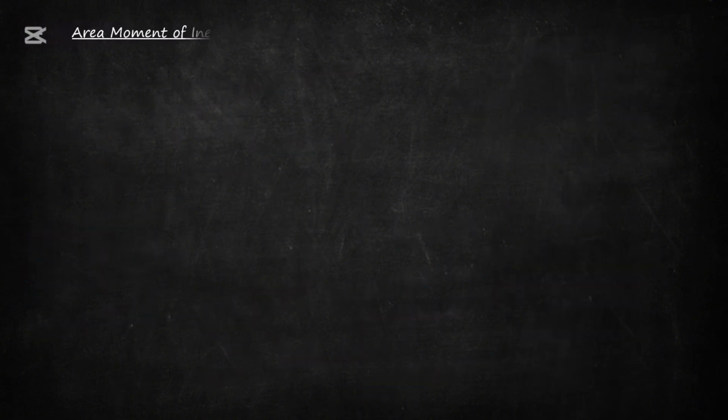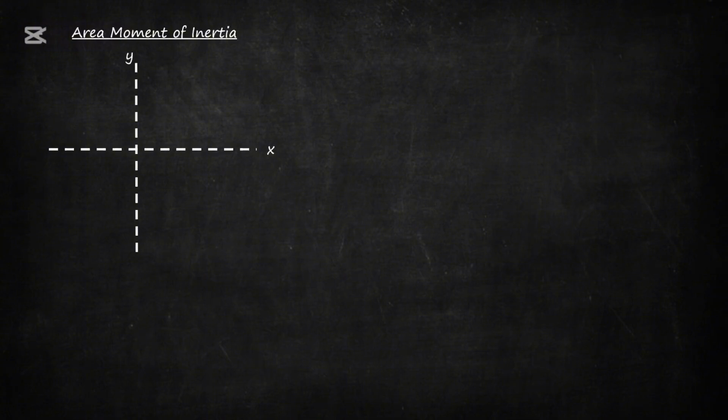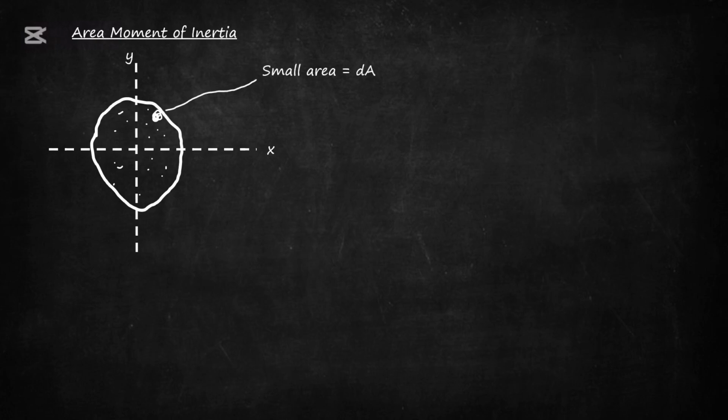To understand this, we have to understand the area moment of inertia. To understand this, we consider two lines, x-axis and y-axis, and then consider an arbitrary area. Consider a small area dA at a distance of y from the x-axis.